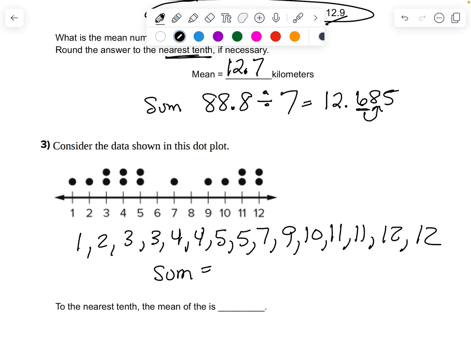If you added that up correctly, you should have gotten 99. Then you had to count the number of pieces of data, or the number of dots, and there were 15 of them. So 99 divided by 15 is going to give you exactly 6 and 6/10. It says round to the nearest tenth, which you didn't really have to.